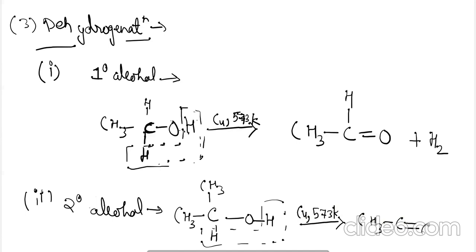Then acetone will be formed with the removal of dihydrogen. So aldehyde is formed in the case of primary alcohol, and ketone is formed in the case of secondary alcohol.